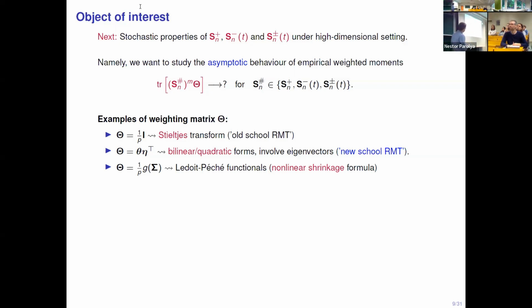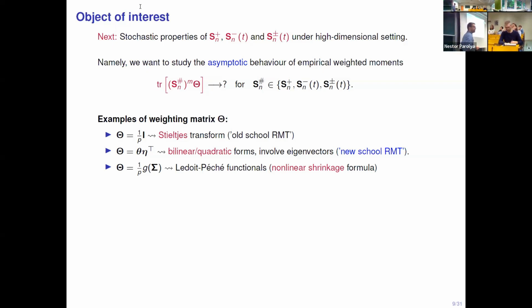And if you take theta as some function of sigma normalized by dimension, these are so-called Laplace functionals. And this is the building block for the nonlinear shrinkage formula. So for specific theta, you cover a lot of interesting cases. For example, you can also take theta equal to the product of two unit vectors, e_i, e_j, and you recover the asymptotics of the entries of the matrix.